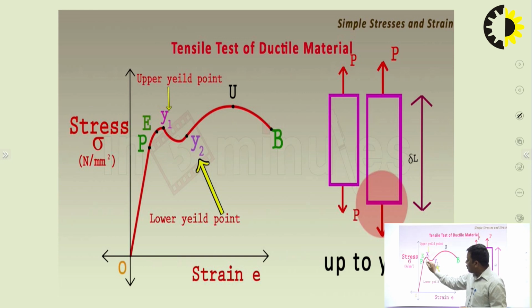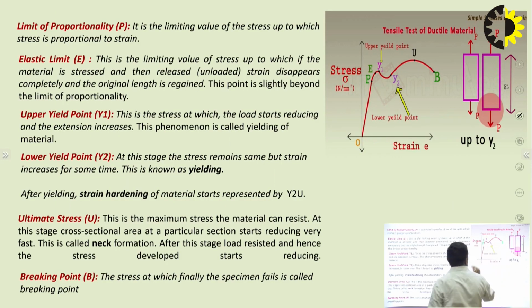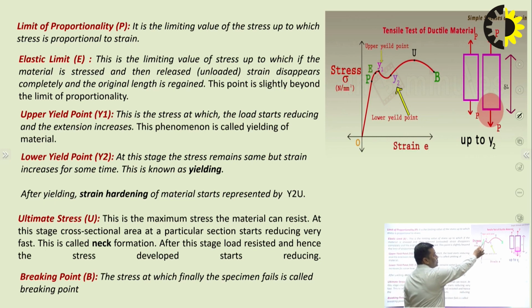What is the meaning of point P? What is the meaning of point E? So, now let's come to the details. I hope it is visible in this diagram also. The point P in this stress strain diagram is the limit of proportionality. It means whenever mild steel is subjected to any load, the relation between stress and strain up to the point P is linear.